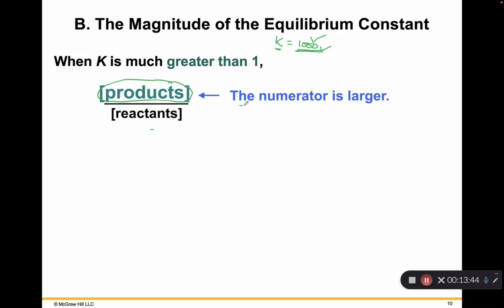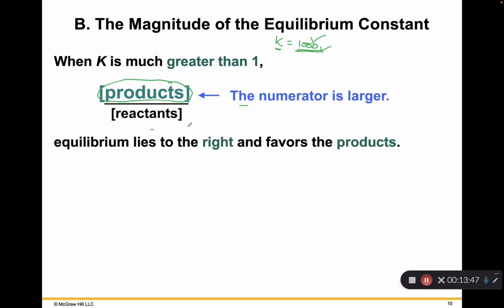The numerator is larger, which means the reaction is making a lot of product. We have a product favorable condition. And when are the products favorable?